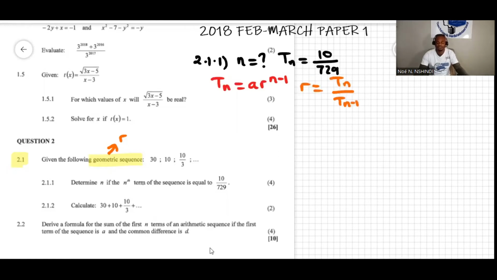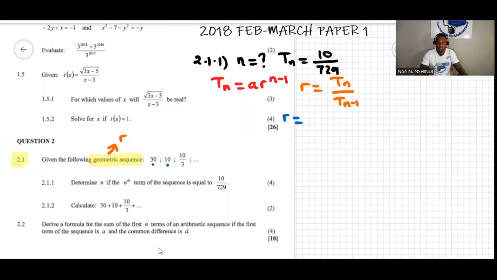So we can first find r, because otherwise we will have two unknowns, r and n. Okay, let's first find the value of r. r will be equal to Tn over Tn minus 1. If I choose 10 for my Tn, then Tn minus 1 will be 30.